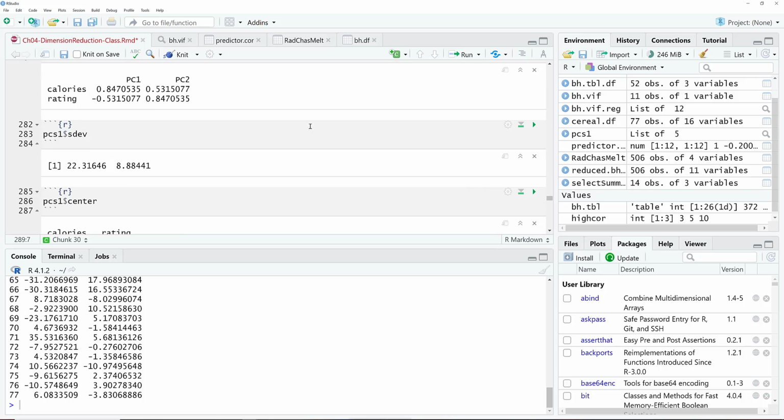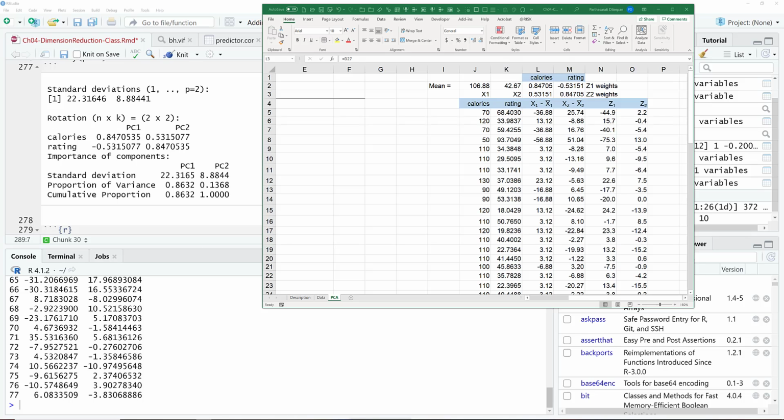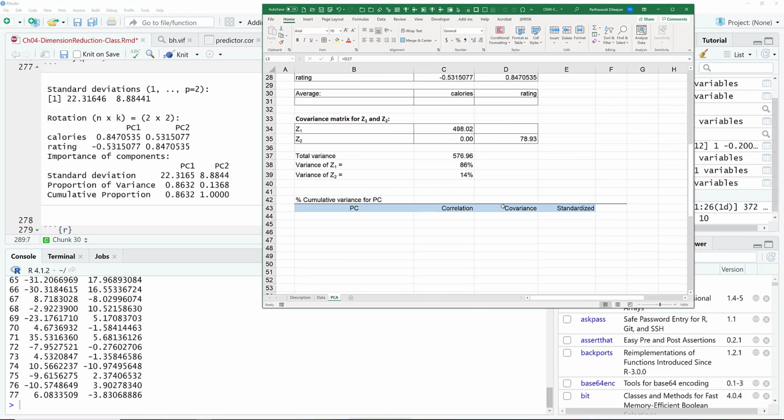Now if you use summary, that's going to give you a summary of all of that, and it also gives you the proportion of variance. See, the Z sub 1 accounts for 86.32% of the variance, which is what we calculated here, 86%.